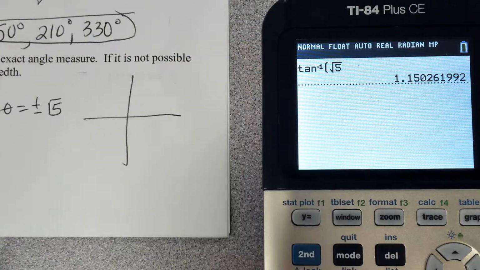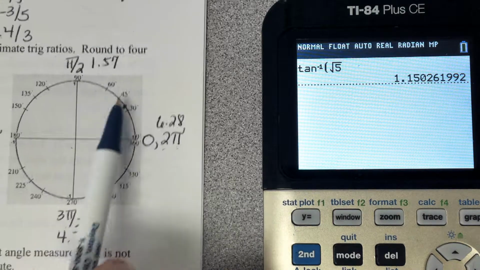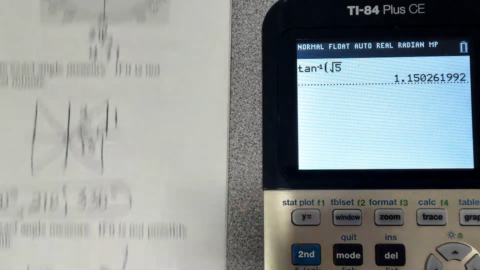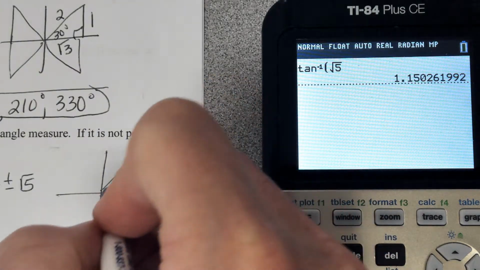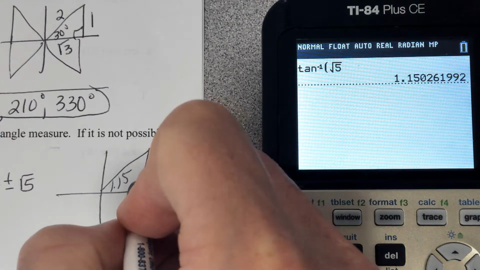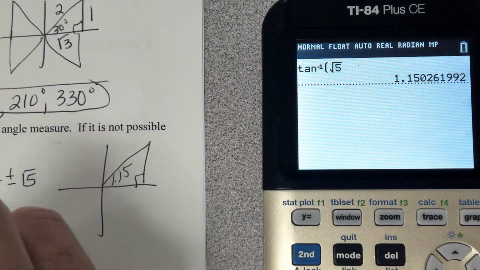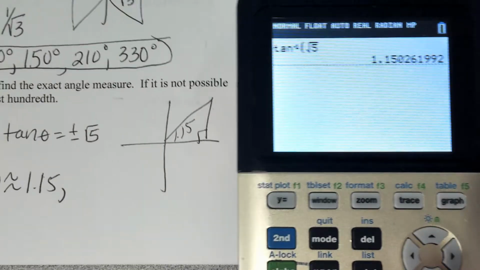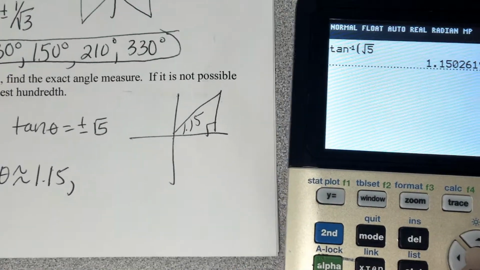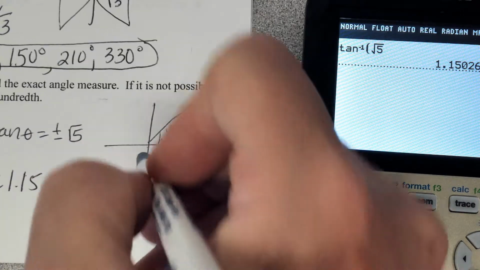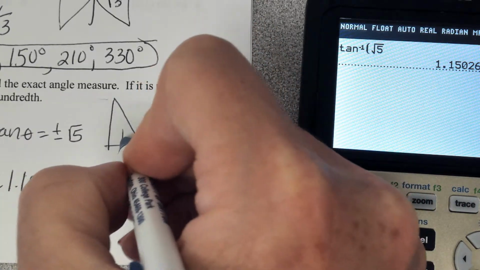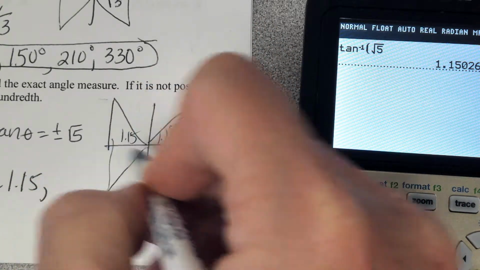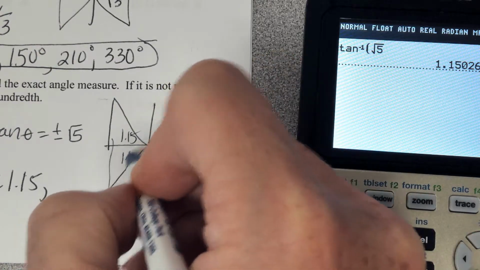Which quadrant is that in? It's in quadrant 1, isn't it? So I have 1.15 in quadrant 1, so that's going to be one of my answers. This is approximate. Which other quadrant am I going to have to use? All of them. And in every quadrant, I'm going to have that 1.15 reference angle.